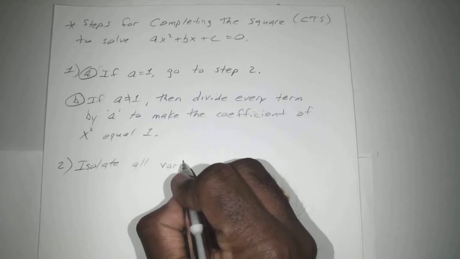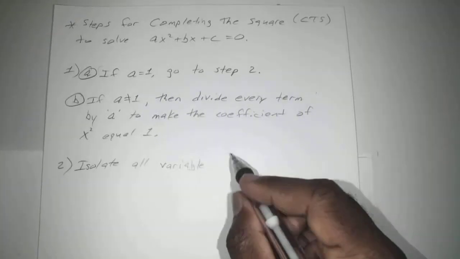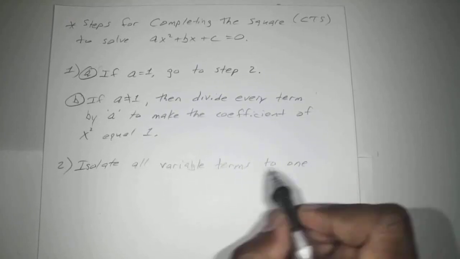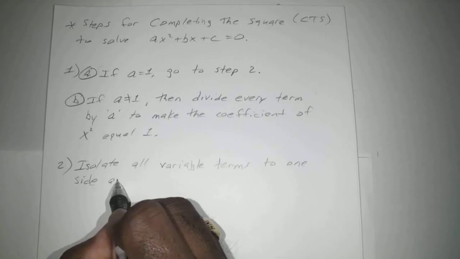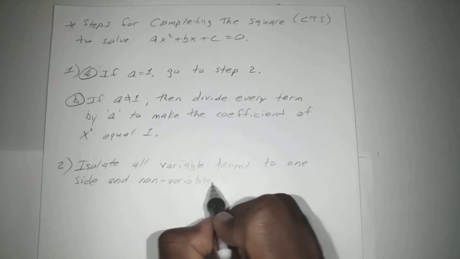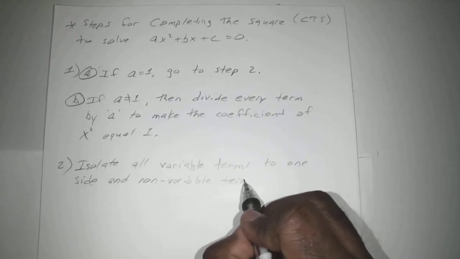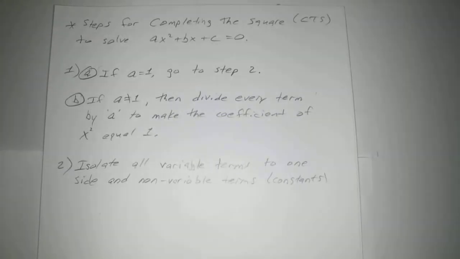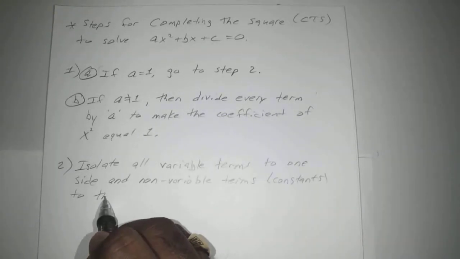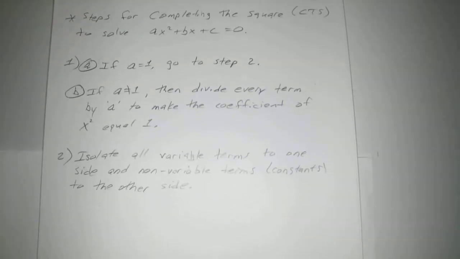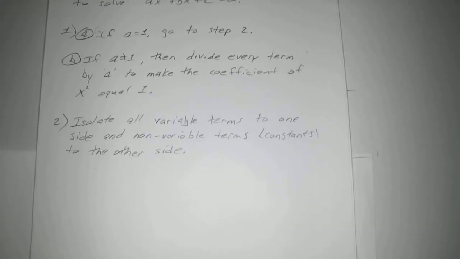Isolate all variable terms to one side, and non-variable terms, which is just a fancy way to say constants, to the other side. So your x terms go to one side of the equal sign and your non-x terms to the other side.